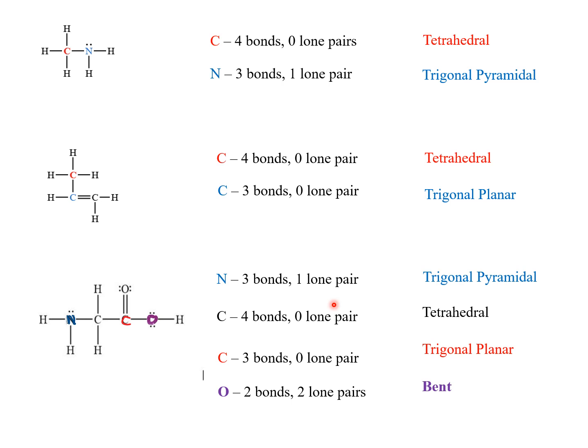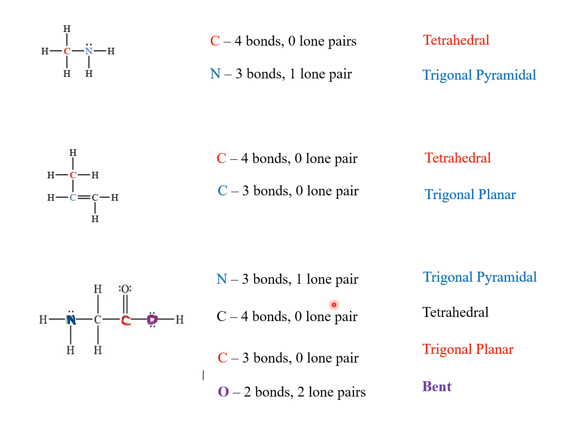If a very complicated structure is given, the first thing is you need to check the number of lone pairs. If the structure is not complete, you need to complete it by adding lone pairs on the nitrogens or oxygens, whatever the suitable places. First, add lone pairs to give an octet of electrons. Octet means 8 electrons.